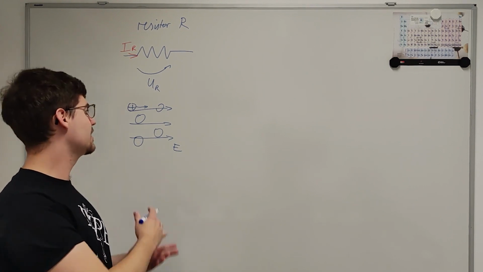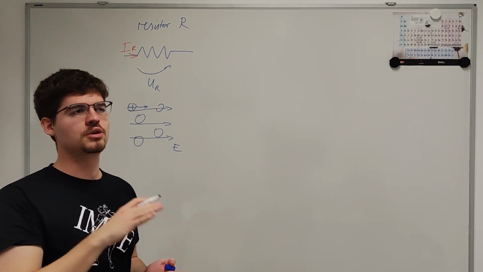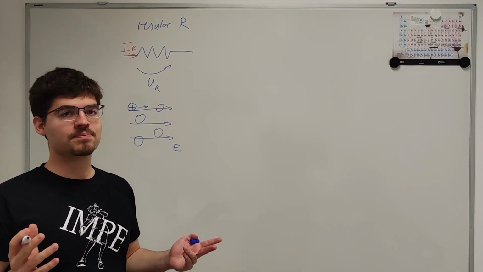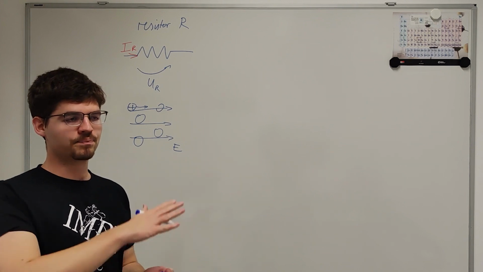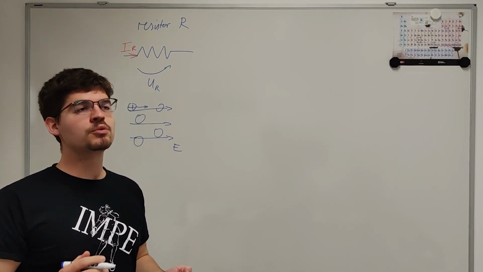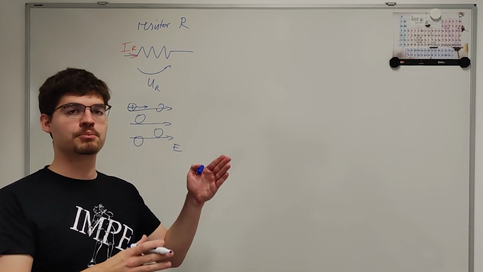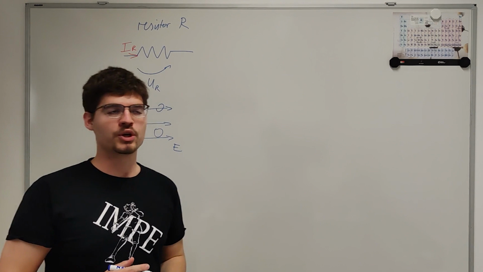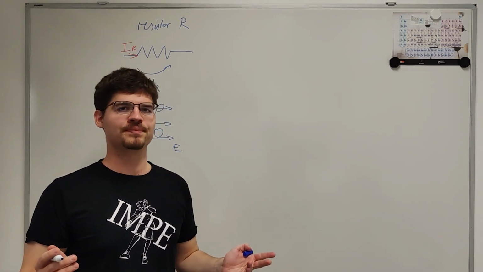So the velocity that they reach does not tend to infinity in the mean. What this results in is basically that they accelerate only to an average velocity, which we assume to be proportional to the applied potential difference UR.